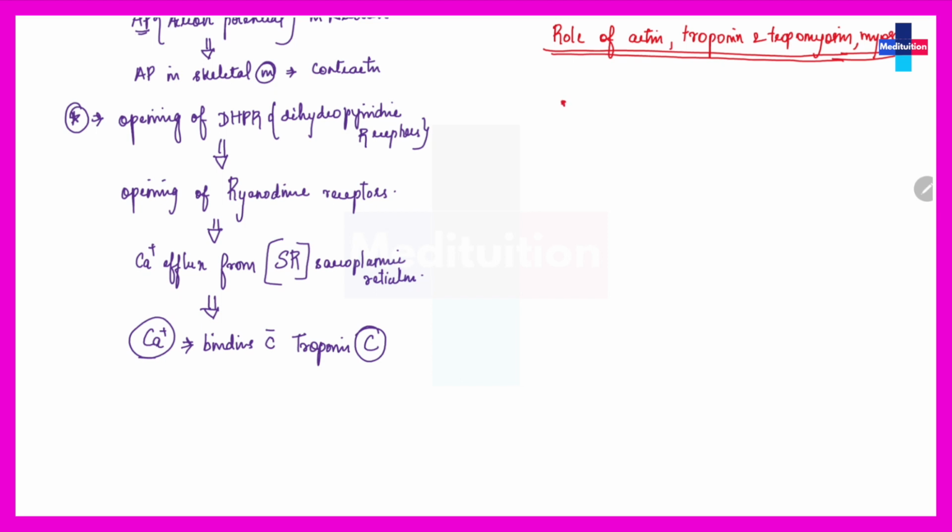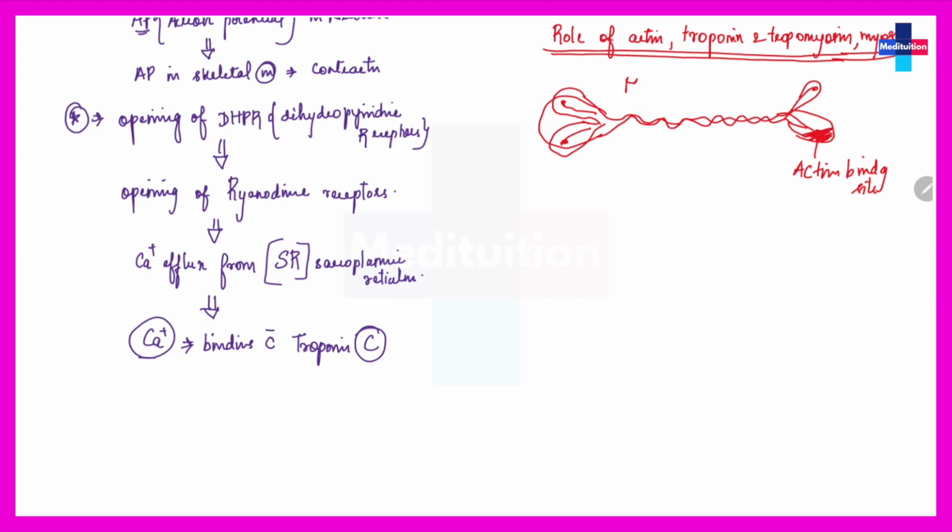Now this is your myosin, which we have already seen. Myosin has a head part and a tail part. In the head part, they have a site, the ATP or actin binding site.